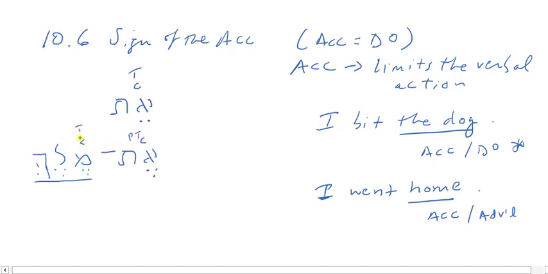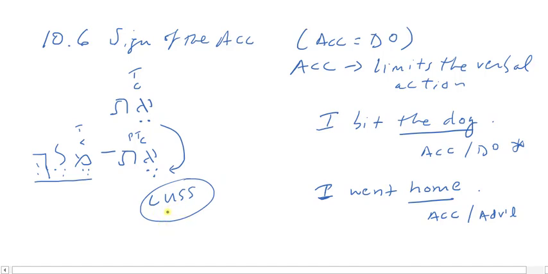Pretonic, because the next syllable is tonic. Can anyone explain why the sere has become a segol here in this context? That's right. Et with the maqqef is now closed and unaccented, and my rule says what?